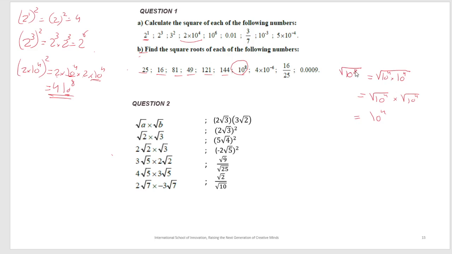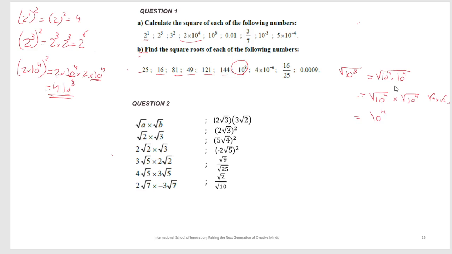In 10 power 8, I write it as 10 power 4 times 10 power 4. And this one I split into radical 10 power 4 times radical 10 power 4. I know that radical A times radical A is equal to A. So radical 10 power 4 times radical 10 power 4 is equal to 10 power 4.